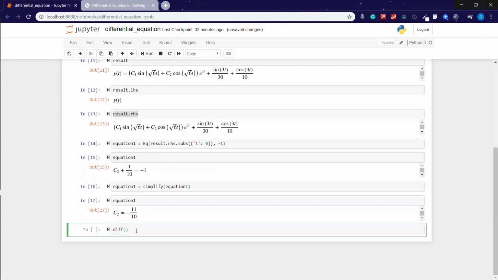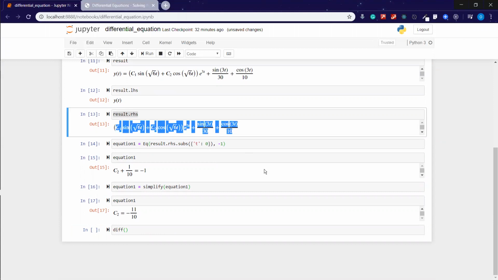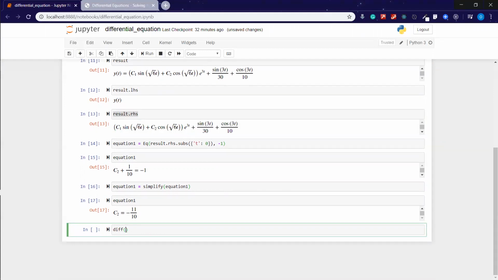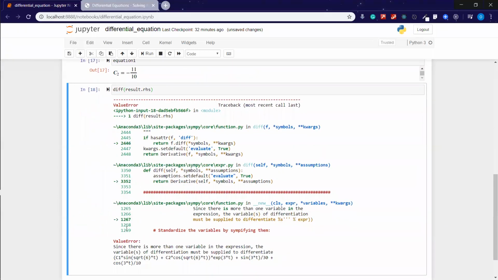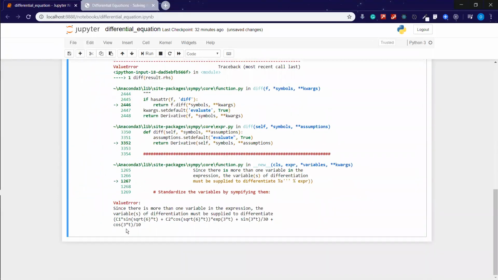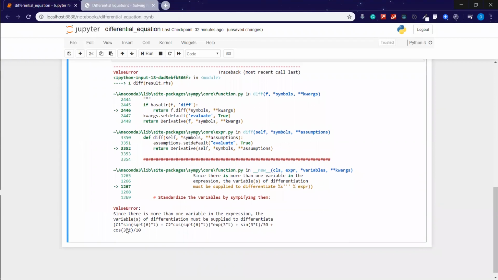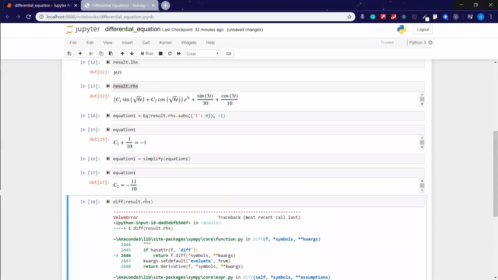Let's differentiate. Remember what we're trying to differentiate is everything here. So we just have to pass in results.RHS. It's an error. Oh, sorry, we need to specify the variable we are differentiating with respect to.